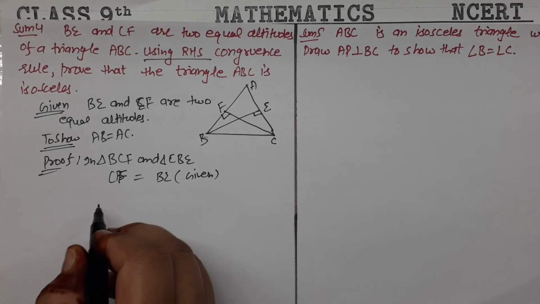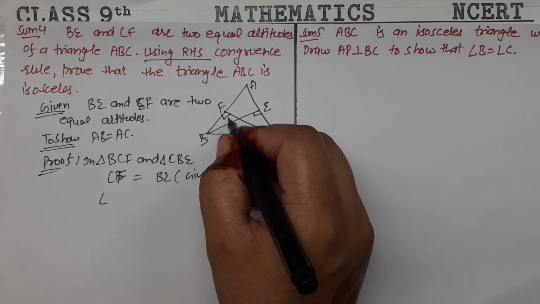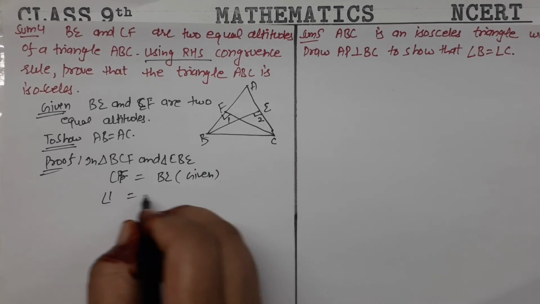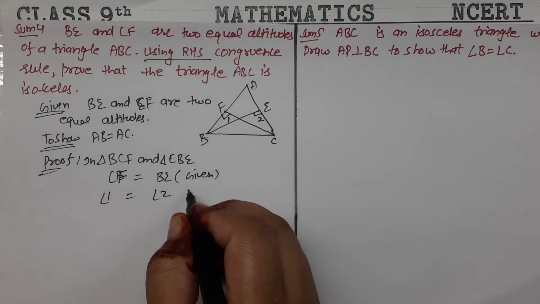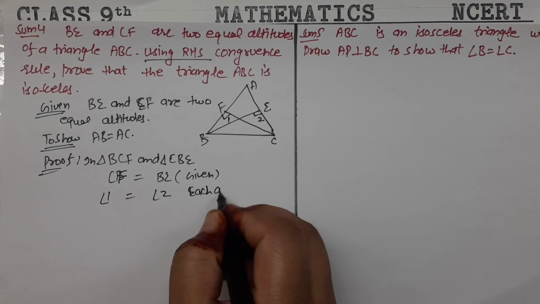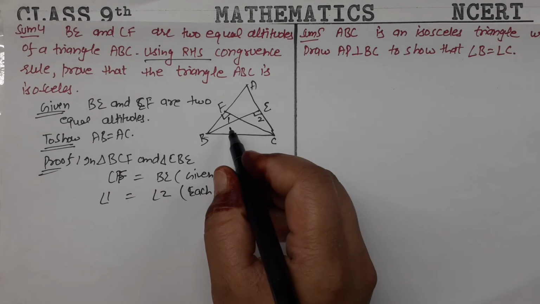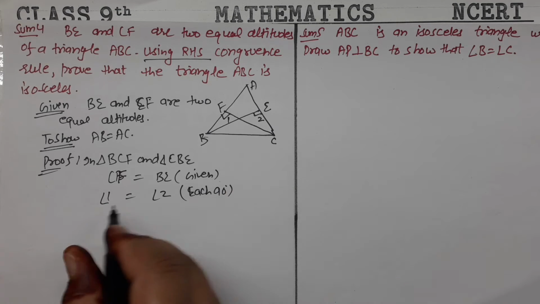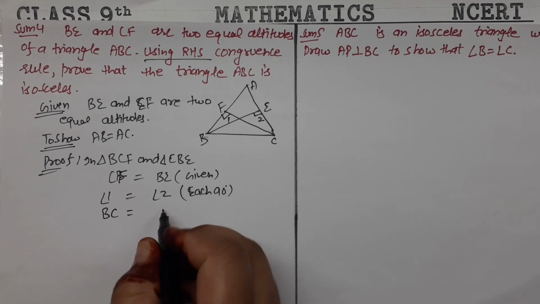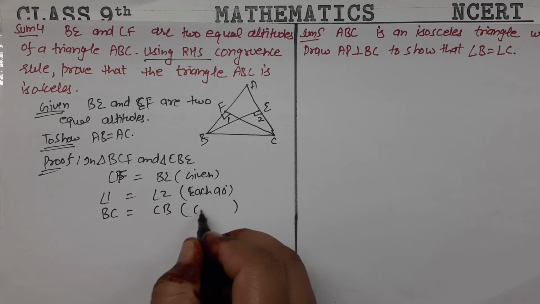Angle F equals to angle E. Let me give its numeral name, it will be easy to solve. Each 90. In front of angle 1, the side is BC. BC is equals to CB, common.